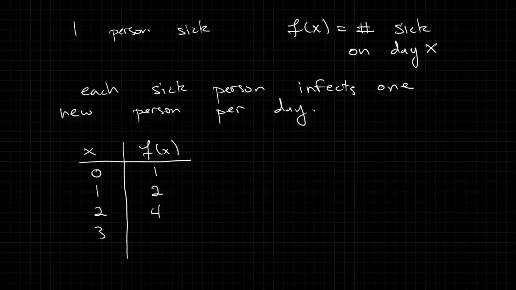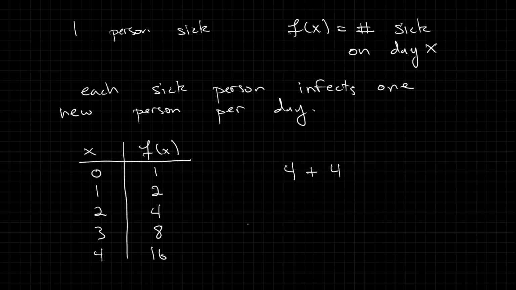What about on day 3? Well, there are 4 sick people the day before. So these 4 sick people will infect 4 new people. And so we'll get 8 sick people. And on day 4, we'll get 16.